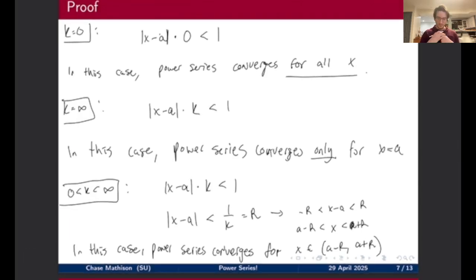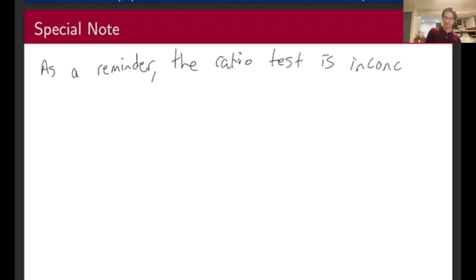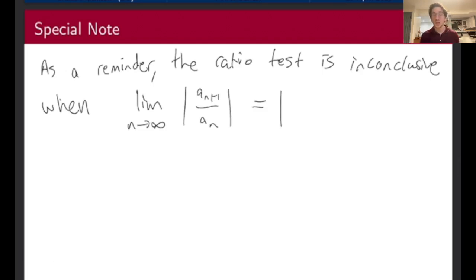All right, so one special note, as a reminder, the ratio test is inconclusive when the limit as n approaches infinity of the absolute value of a n plus 1 over a n is actually equal to 1.